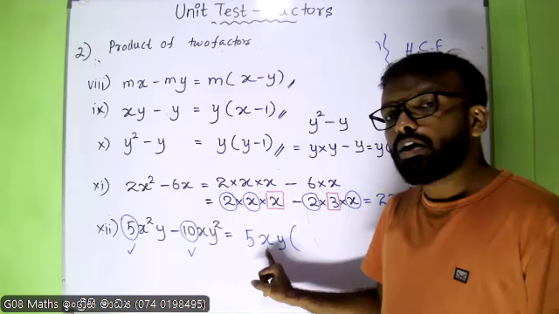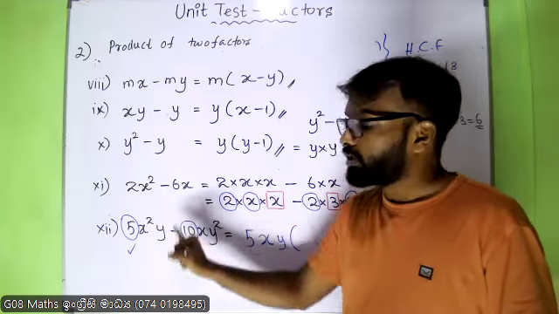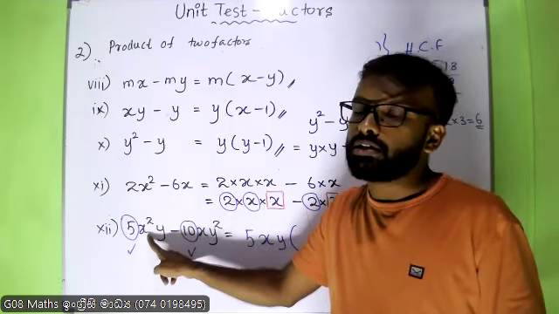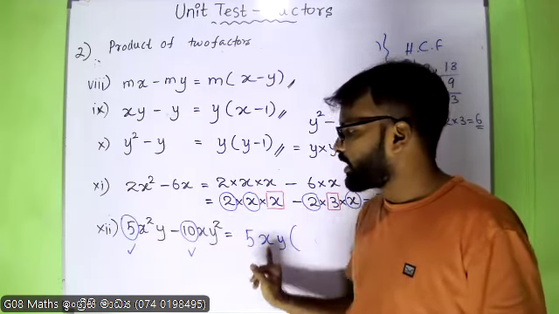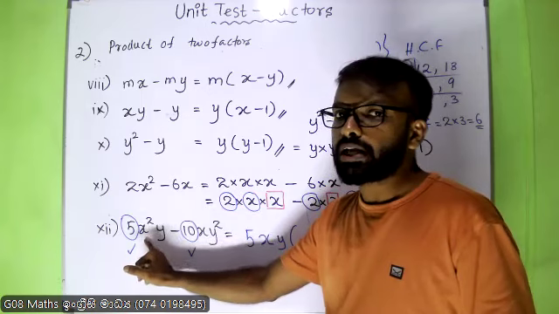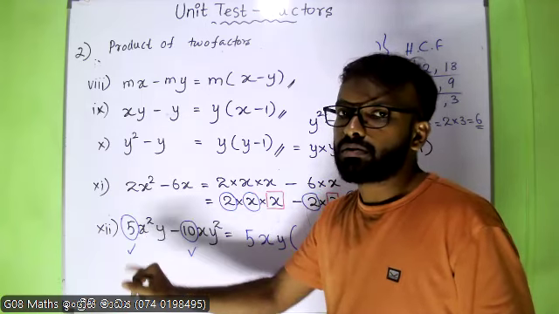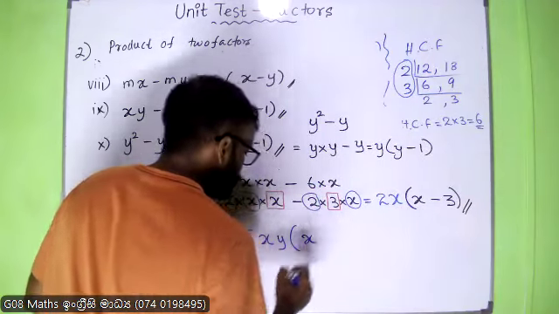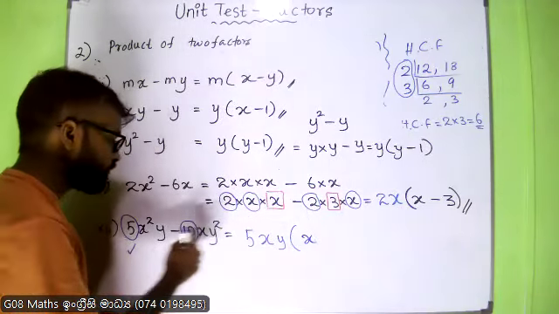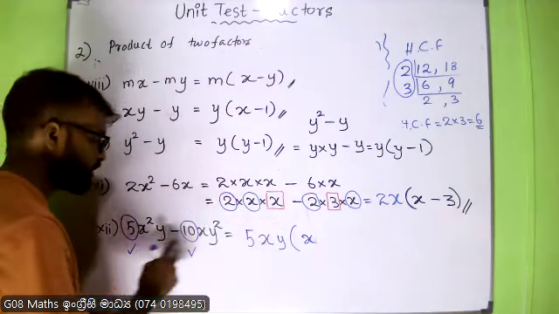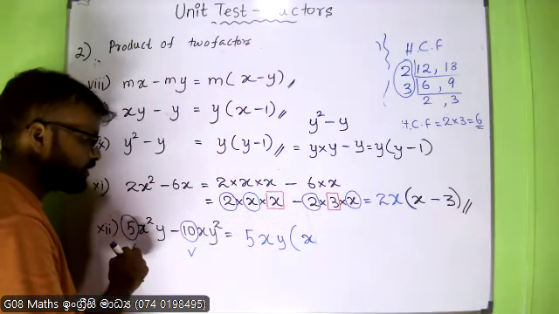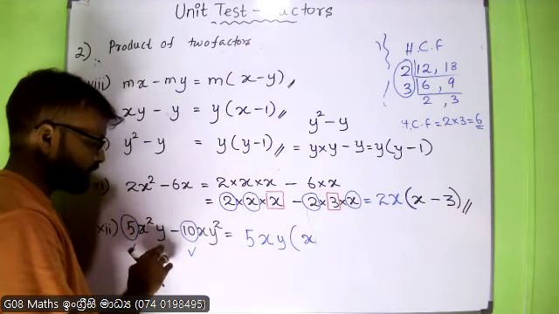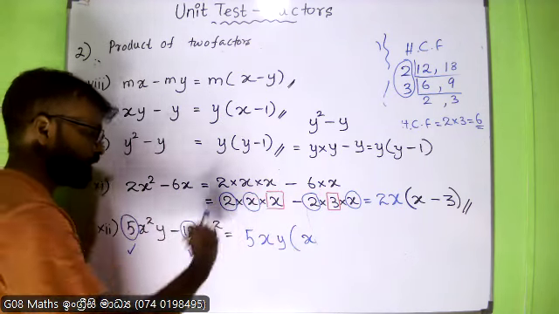If you take 1x out from here, how many x's should be here? Only 1x remaining. If you take 1y out of here, there are no y's remaining. Then only 1y, you are taking it out.